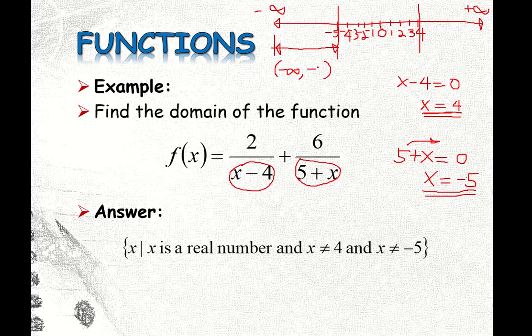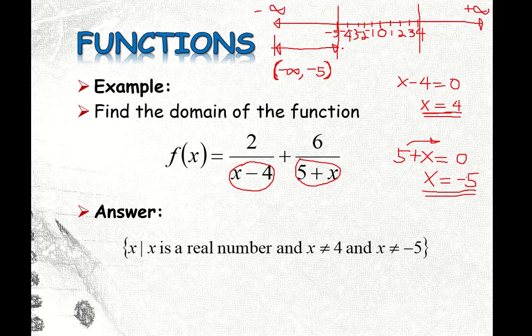Minus 5 is excluded, so we have to use this symbol. What symbol is this? How do you call this symbol? We use this to indicate that this number is excluded and this number is also excluded. So that is for this interval.